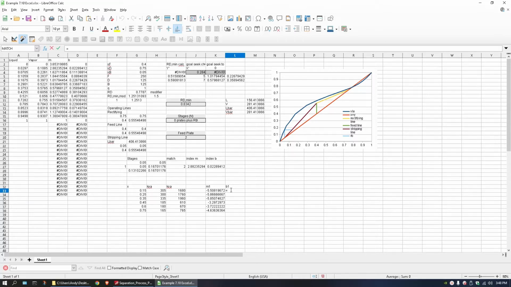Y equals, well, we know what our Y is. So our rectifying section line, essentially evaluated, this will be our Y, evaluated at our X, and this is all Y equals, or B equals, minus our slope times our X value again.